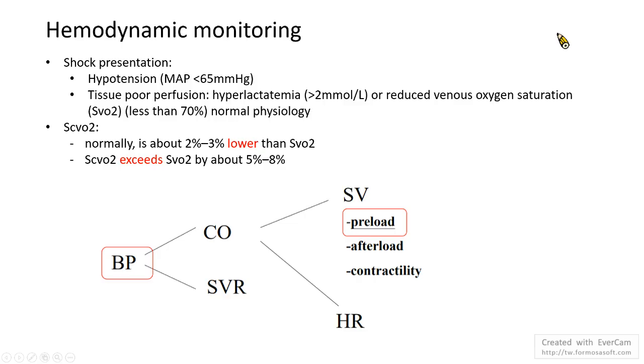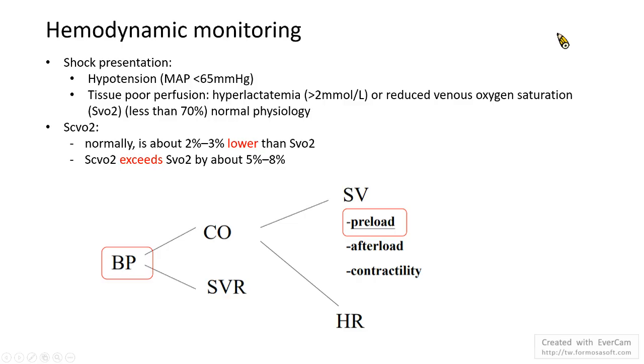We need to look into the details, such as the composition of blood pressure, which is not only the cardiac output per minute or per stroke, but also the peripheral contribution from the systemic vascular resistance, also called the SVR. And what composes the cardiac output? It is the stroke volume times the heart rate itself.